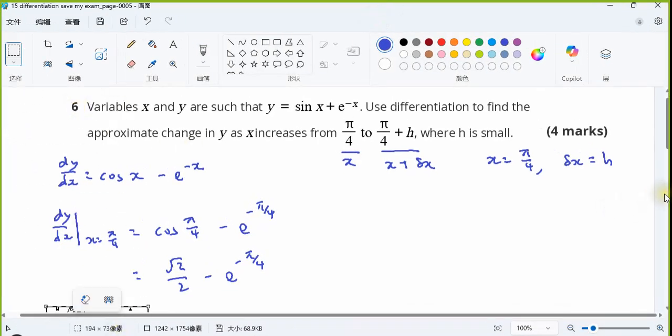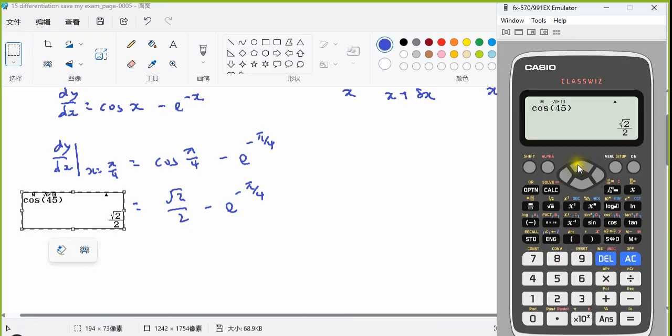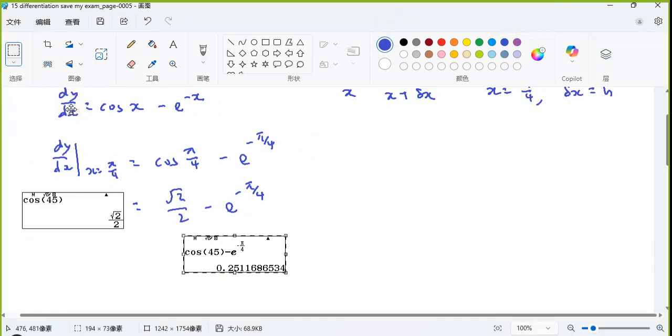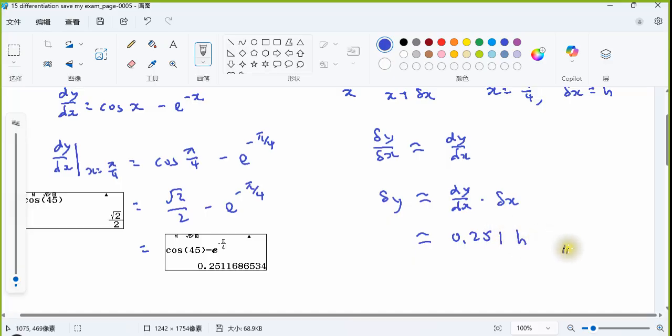And then minus e to the power of negative pi over 4, so will be 0.2511. So del y over del x approximates to dy dx. So del y approximates to dy dx multiplied with del x. So 0.251h.